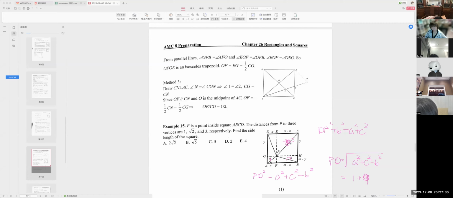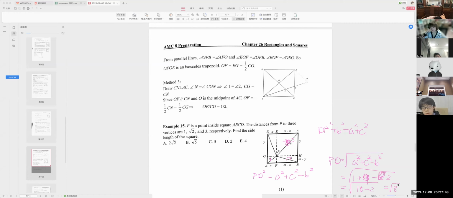So it's A squared plus C squared minus B squared. Square root B, which is 2, yeah. So it's 10 minus 2 equals square root 8.